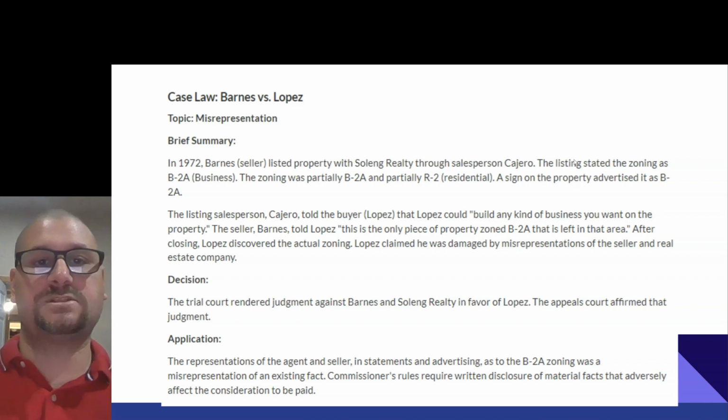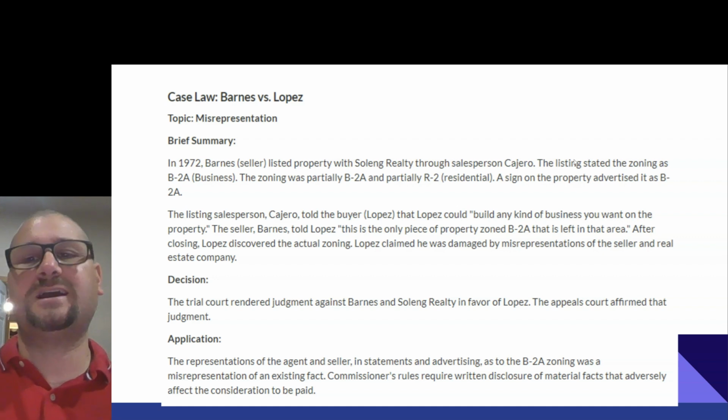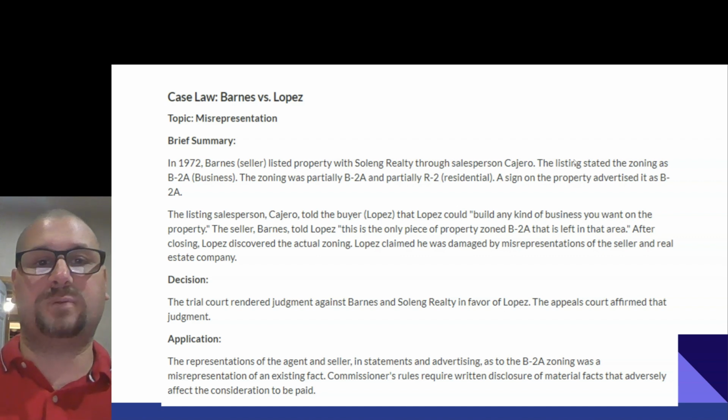The listing salesperson, Cajero, told the buyer, who was Lopez, that Lopez could build any kind of business you want on the property. The seller, Barnes, told Lopez this is the only piece of property, zone B2A, that is left in that area. After closing, Lopez discovered the actual zoning.